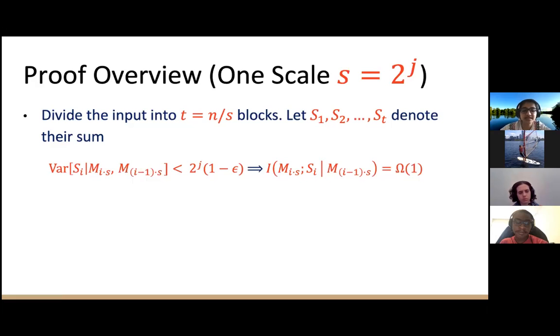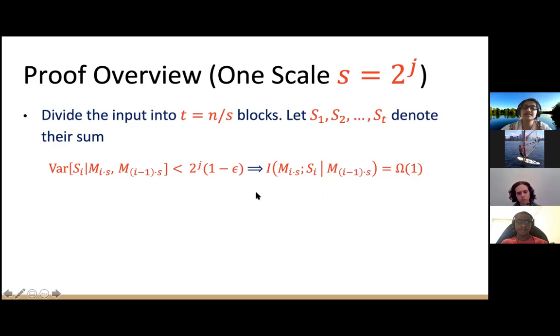We want to say that if this variance of the sum conditioned on these memory states is just epsilon less than the maximum possible, then the memory state after the ith block needs to have some omega 1 bits of information about the sum of bits in the ith block. This is not that hard to prove.